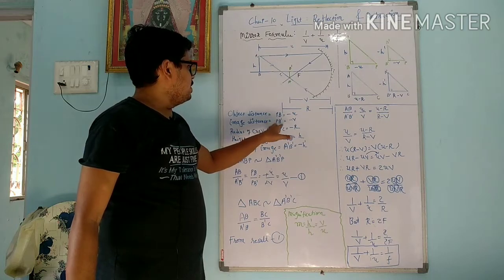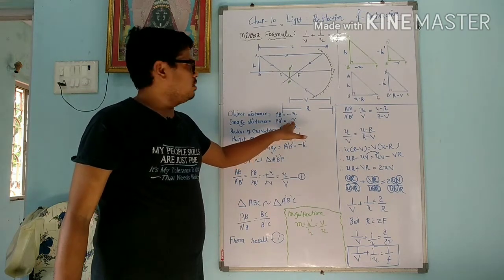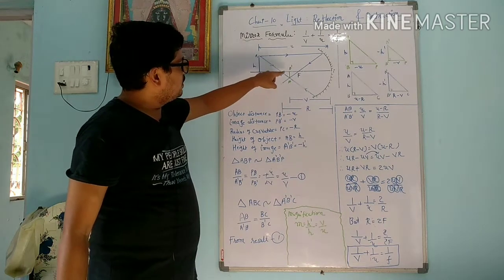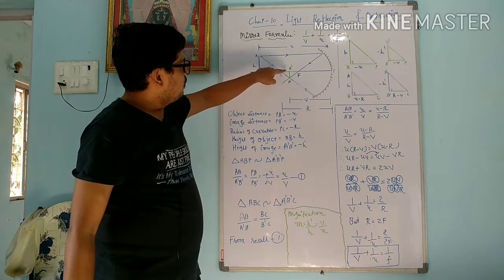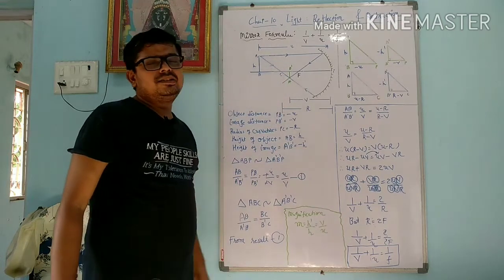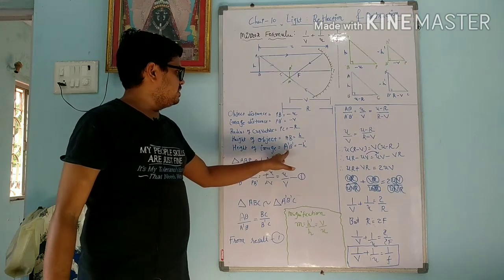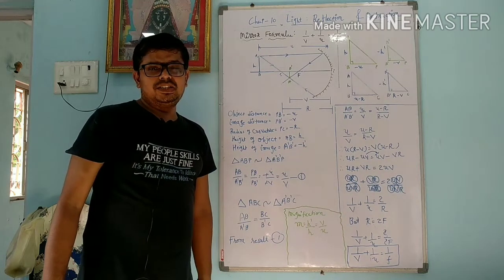So image distance PB dash equals minus V. Second, here the height is positive, but the height of the image A dash B dash is negative, because it is on the y dash axis. So the height of the image A dash B dash equals minus H dash.